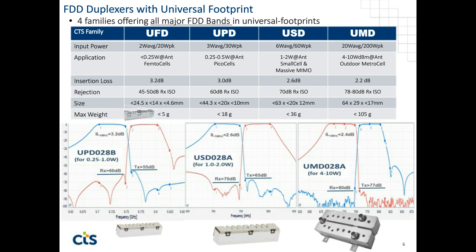The power handling can be used for up to 10 watt at the antenna because it supports up to 20 watts of input power. And sometimes you will find instances where it's appropriate for lower power than even 5 or 10 watts.